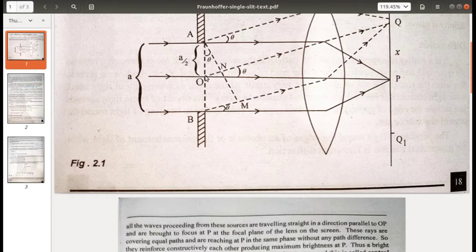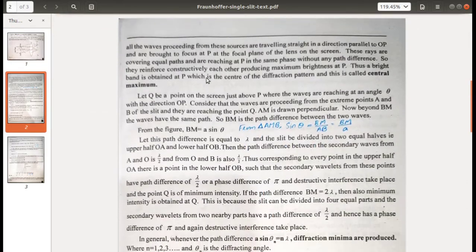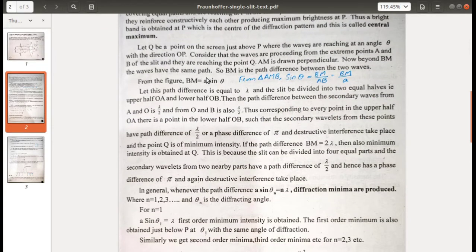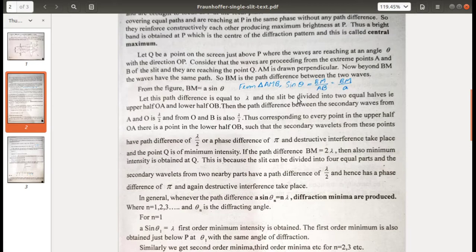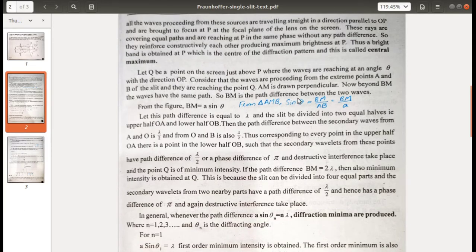Thus corresponding to every point on the upper half OA there is a point on the lower half OB, such that secondary wavelets from these points have path difference lambda by 2 or phase difference pi, and destructive interference takes place and the point Q is of minimum intensity.